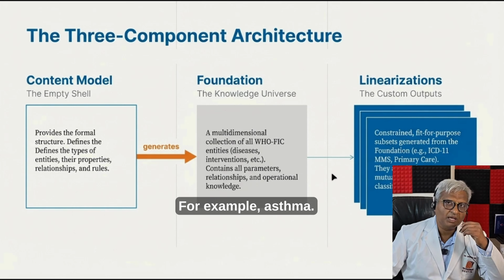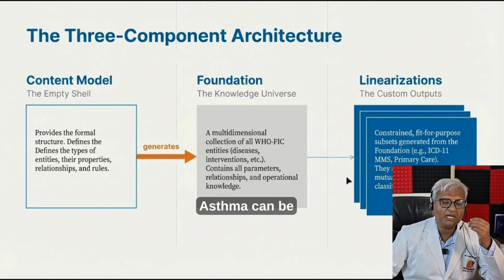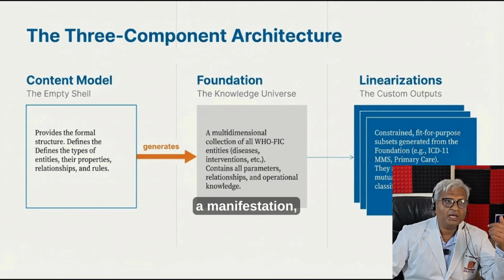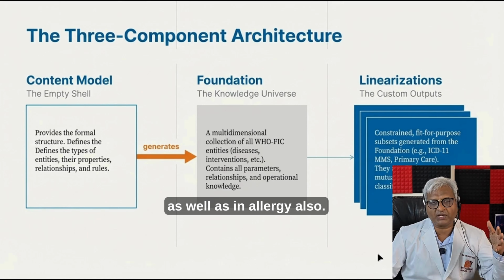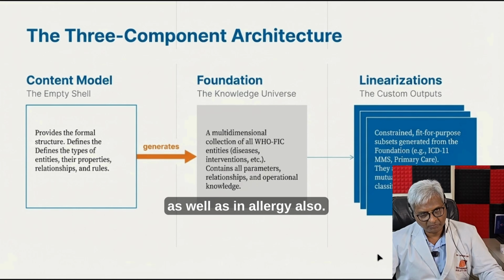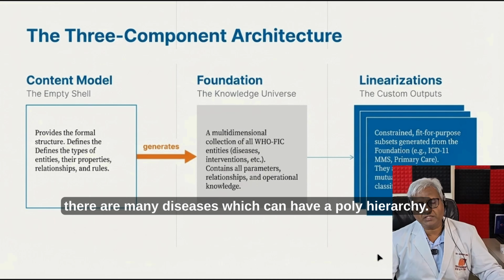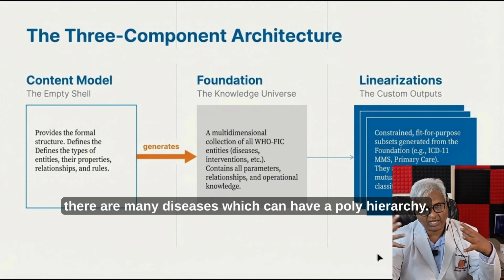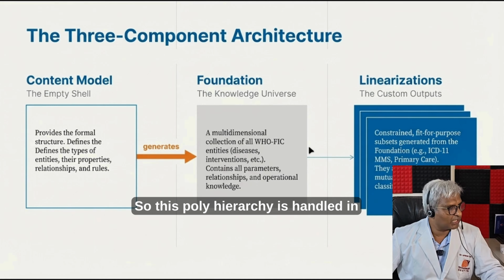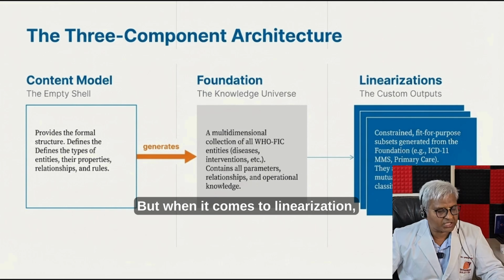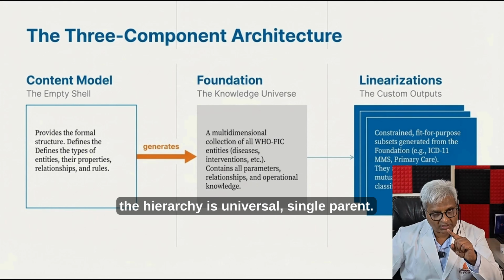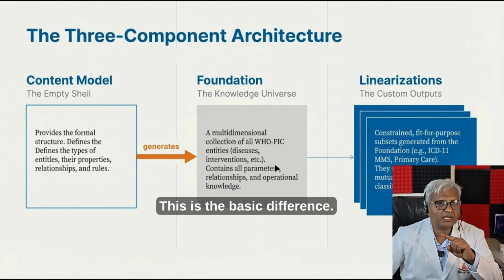Take asthma. Asthma can be a manifestation in a lower respiratory tract infection as well as in allergy. Similarly, there are many diseases which can have a polyhierarchy. This polyhierarchy is handled in the foundation. But when it comes to linearization, the hierarchy is universal, single parent. This is the basic difference.